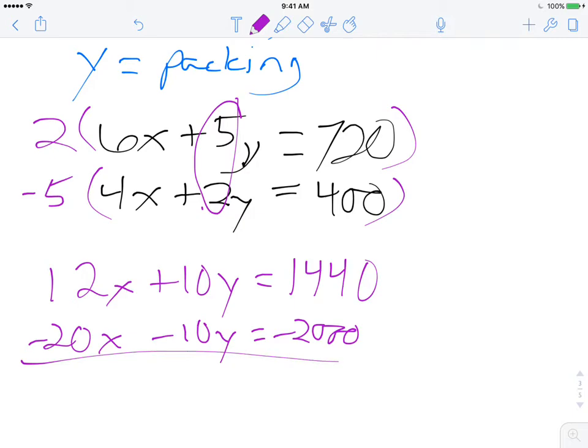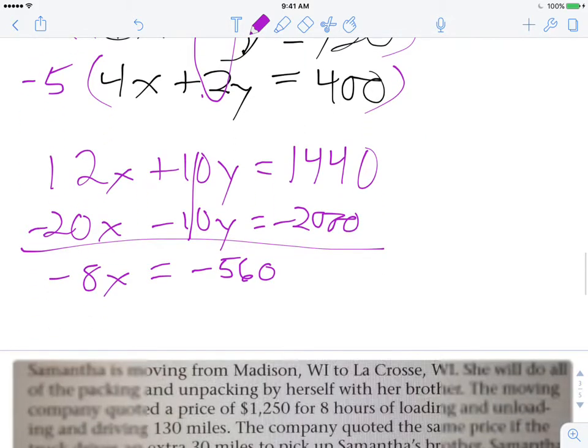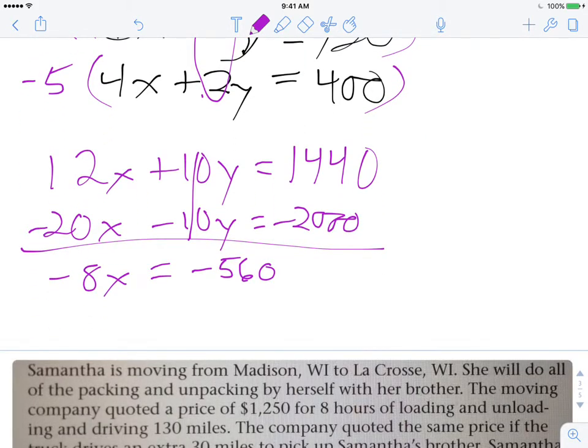And if I add those equations together, I get negative 8x equals negative 560, because the 10y and the negative 10y become 0 when you add those together. So then if I divide both sides by negative 8, I'm going to find that x is 70. That looks like 76. It's supposed to be 70. It's a little bit better.